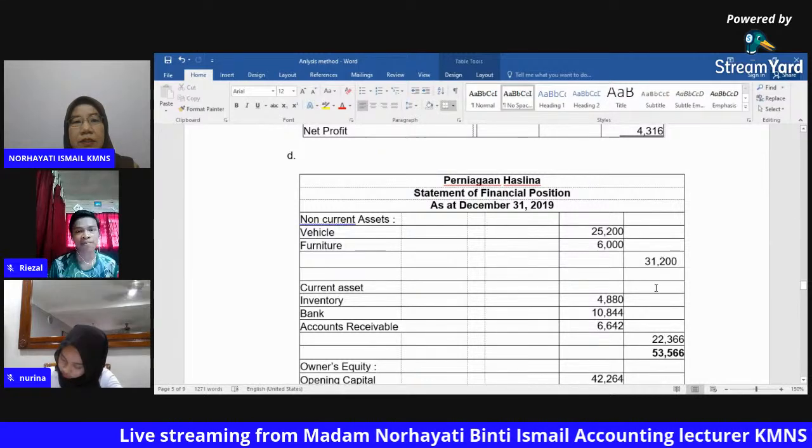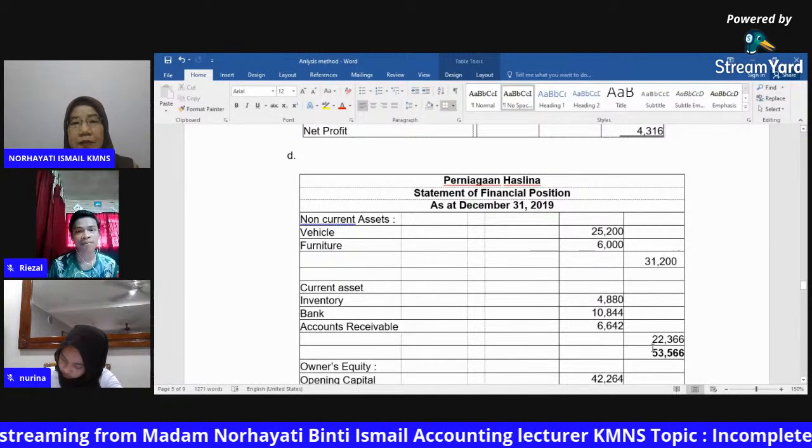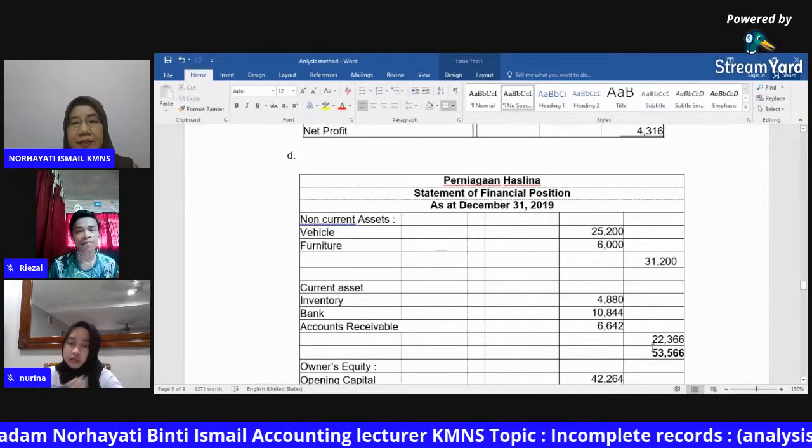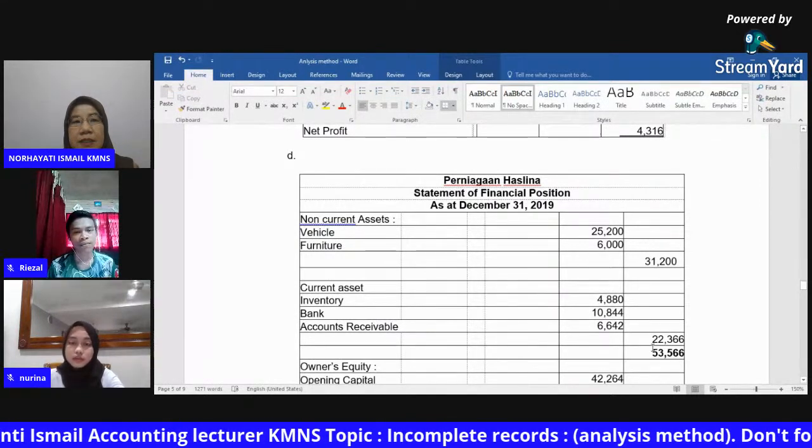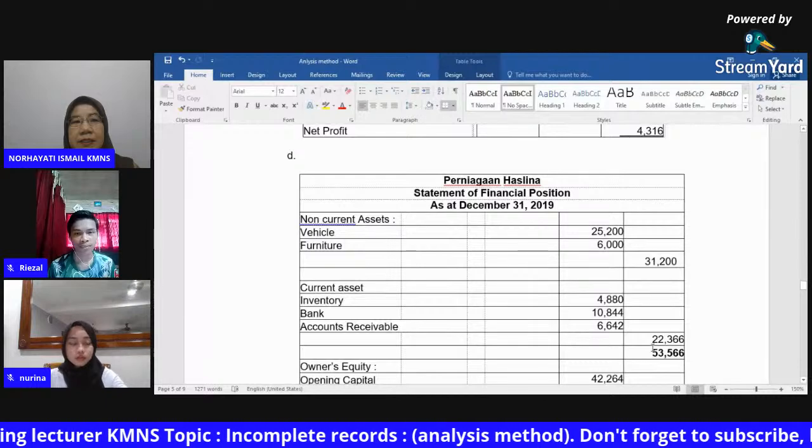The total for asset 53,566. The total represents non-current asset plus current asset.